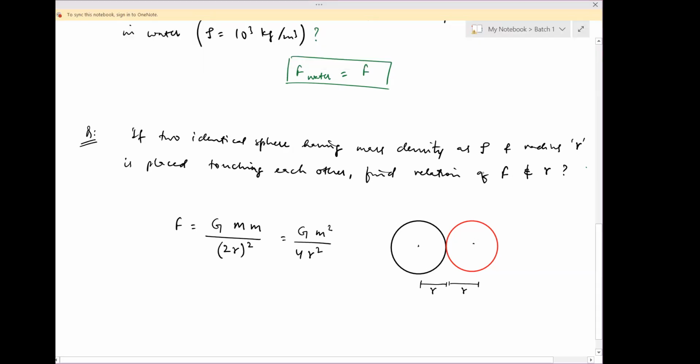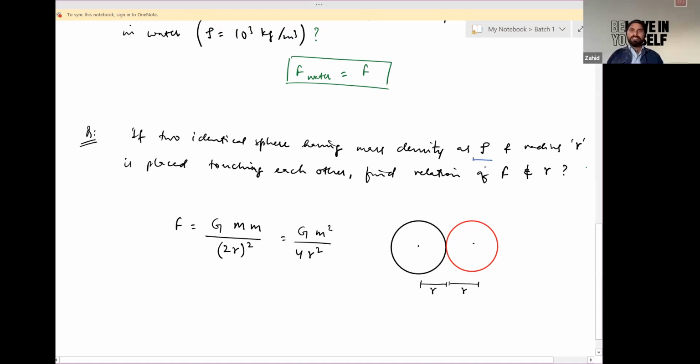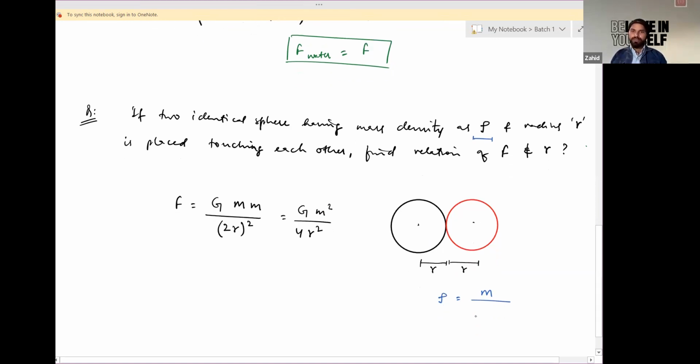But in the question, it is given in terms of density rho. So we convert this mass in terms of density, as density is equal to mass divided by volume, and the volume of a sphere is 4 by 3 pi r cube.